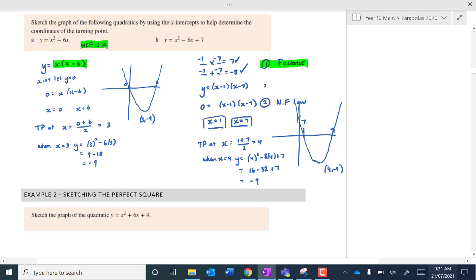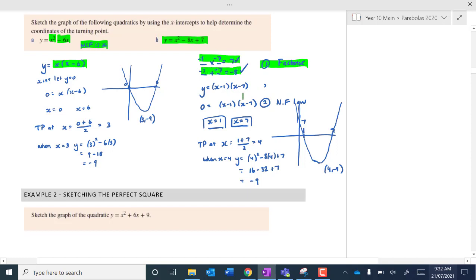So let's put x out the front. X times x is x squared, and x times minus 6 is minus 6x. So these ones with two terms, we can do it that way. Over here for the one with three terms, we needed to find two things that multiplied to give 7 and add to give minus 8.